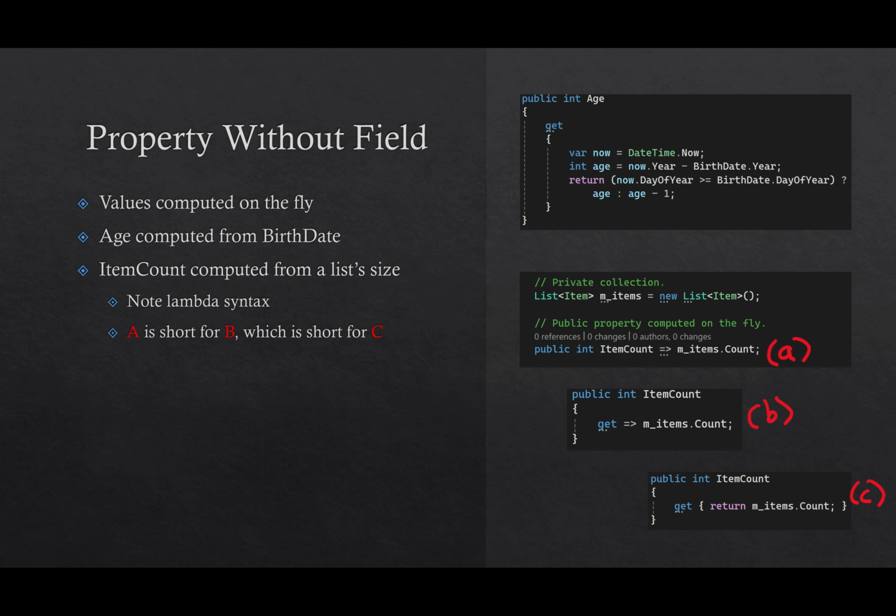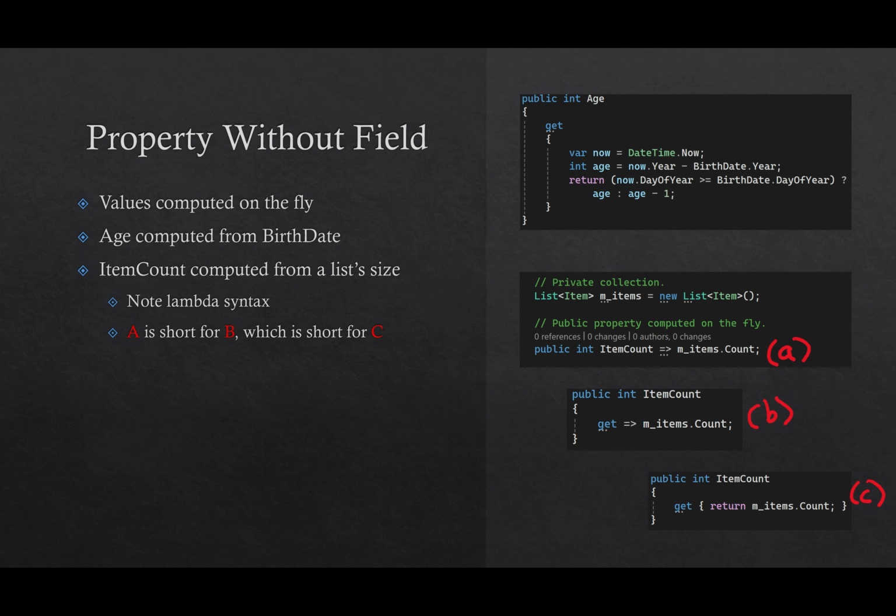So you could have a birth date field or a birth date property, but it's still convenient to have an age property that you can get if you just want to know how many years old somebody is. So to implement that age property, instead of storing another field, you can simply compute the age on the fly from the birth date, as is shown in the code snippet.